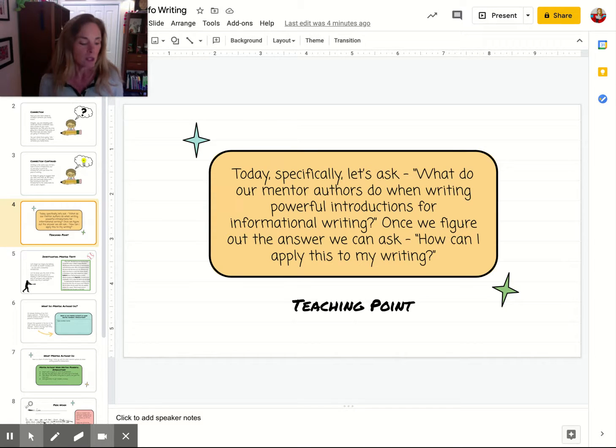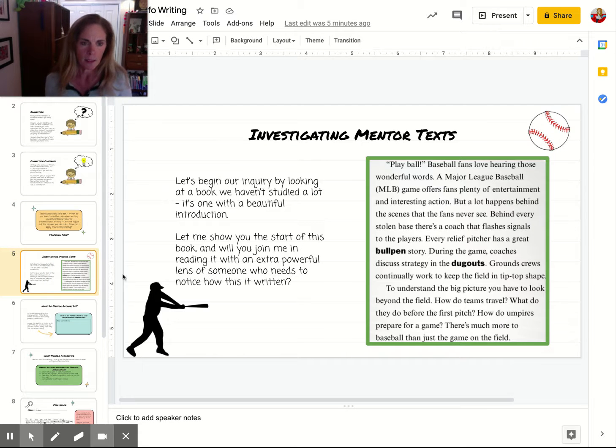Remember, we're using all these different books to give us ideas about how to make our writing even better. Once you figure out what the mentor authors do, then you ask, how can I apply this to my writing? So let's take a look at somebody else's writing.